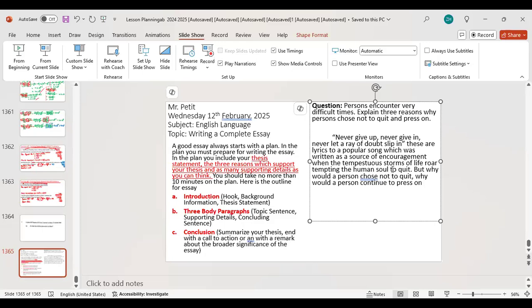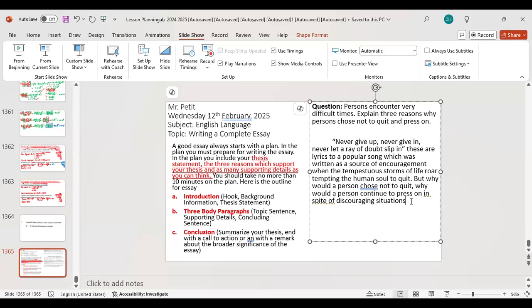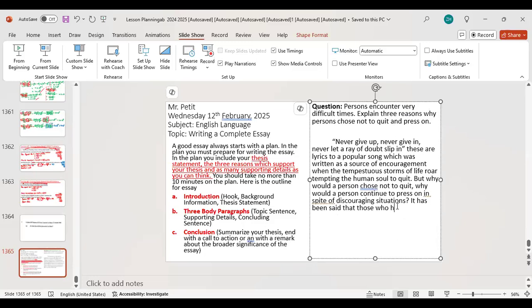in spite of discouraging situations? It has been said that those who have a why can handle almost any how.